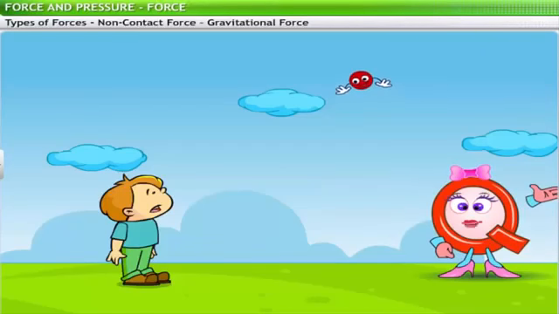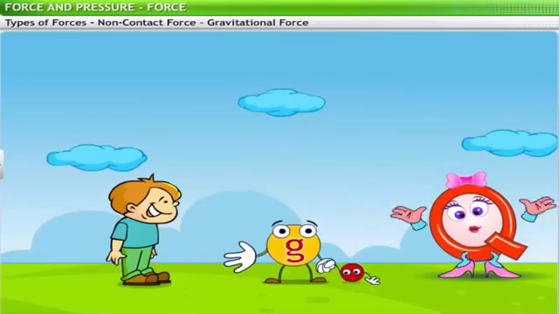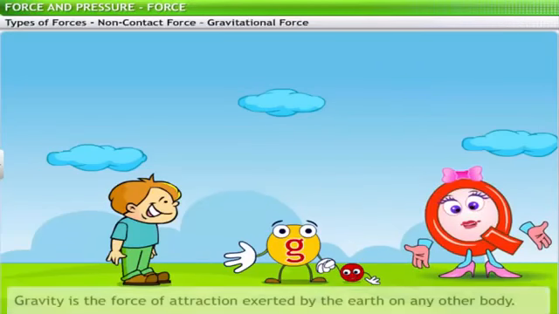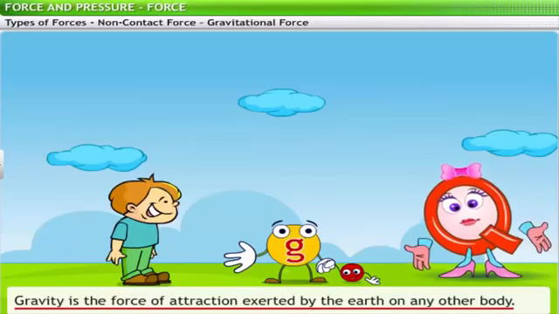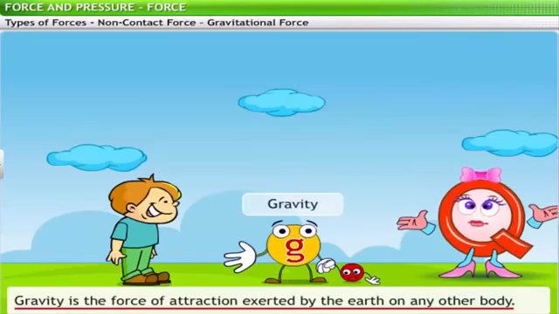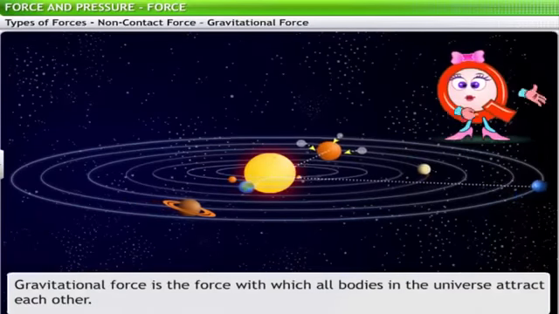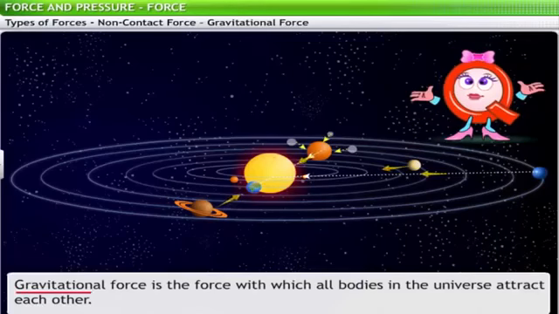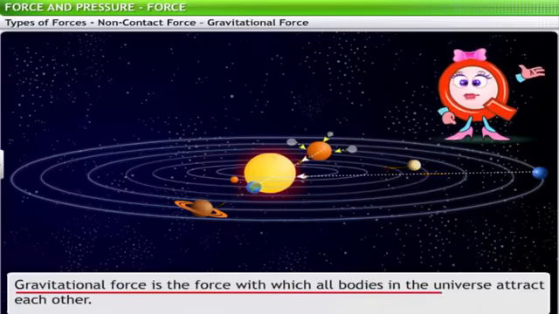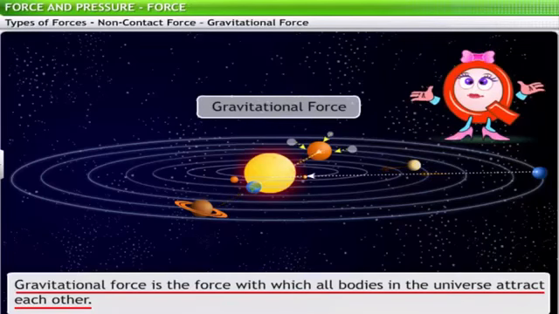The earth exerts a force of attraction on all bodies on and near its surface. This force of attraction exerted by the earth on any other body is called gravity. In fact, like earth, all bodies in the universe attract each other. The force with which all bodies in the universe attract each other is called gravitational force.